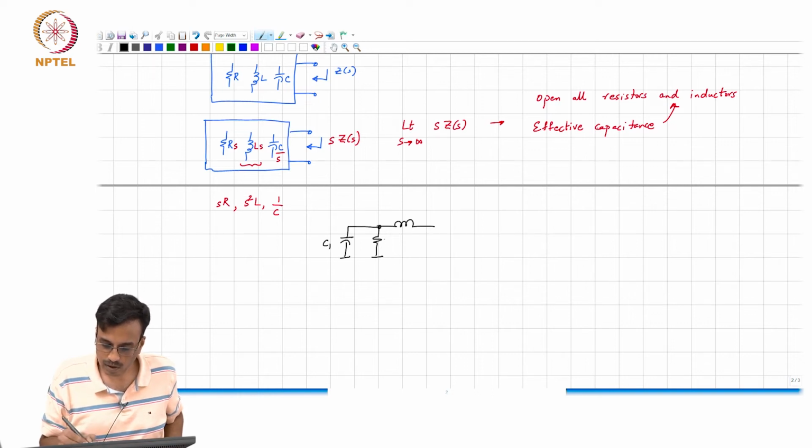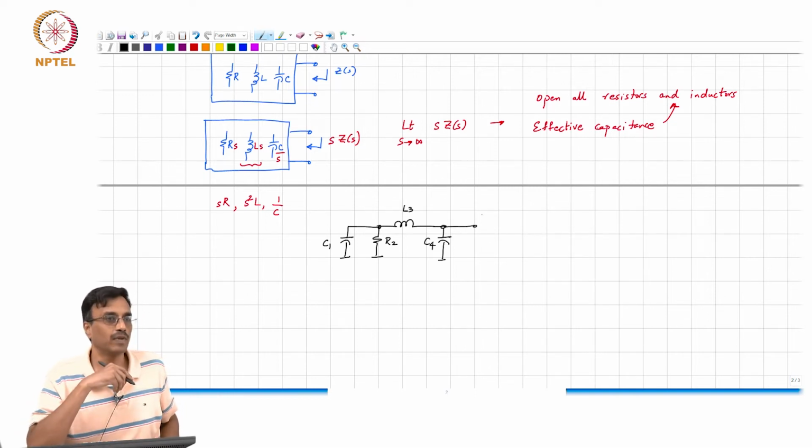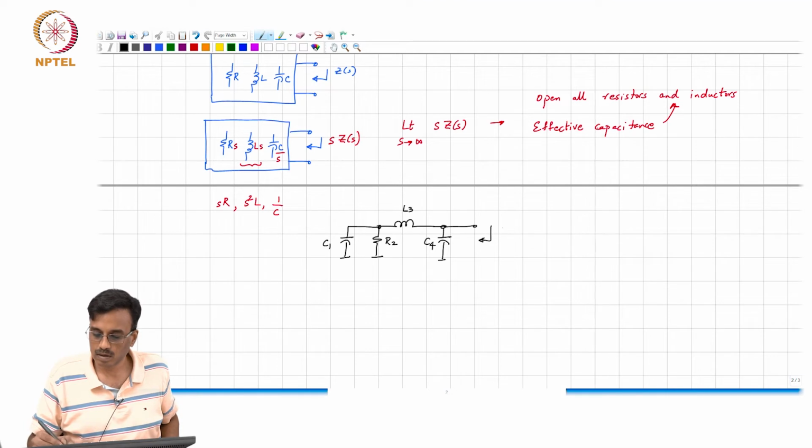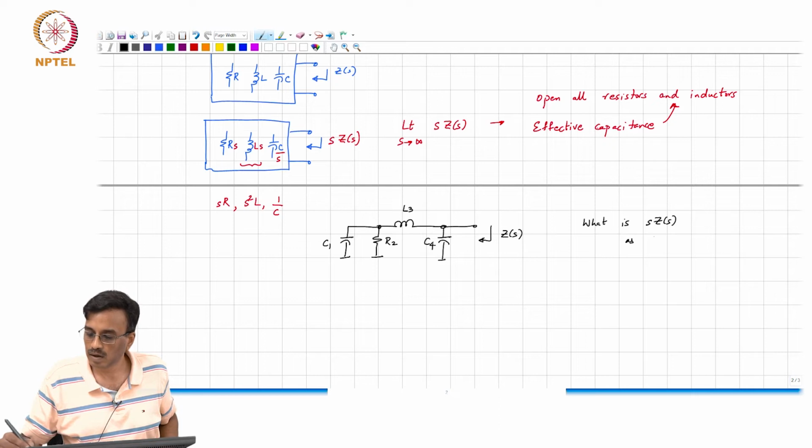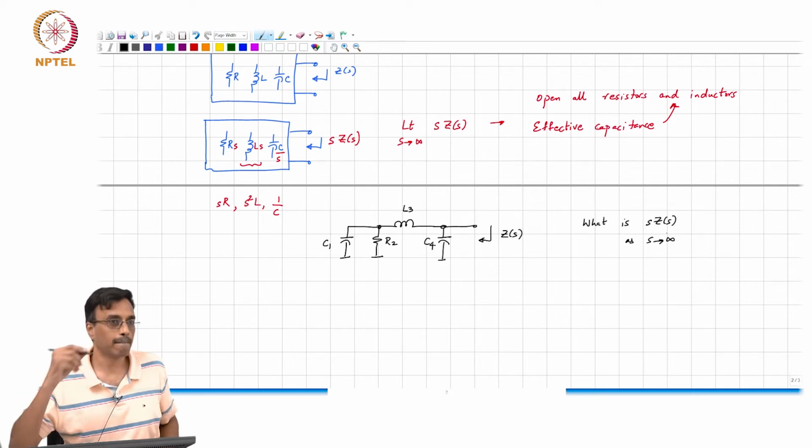So let us say C1, R2, L3, okay, so this is Z of s, all right, and so the question is, what is s times Z of s as s tends to infinity?